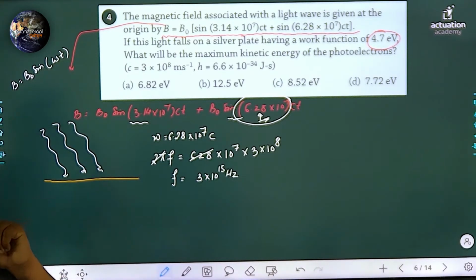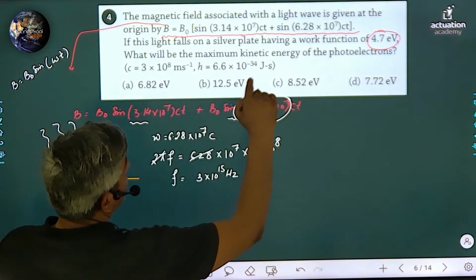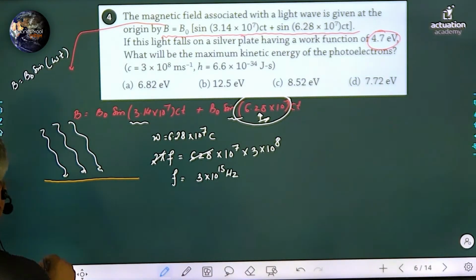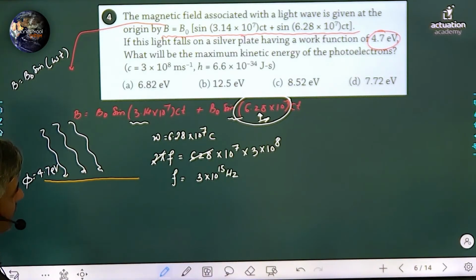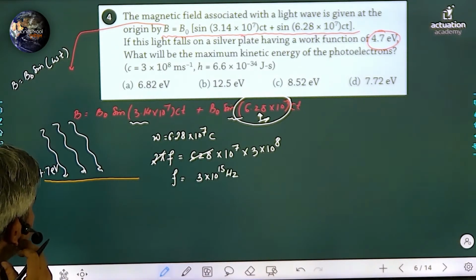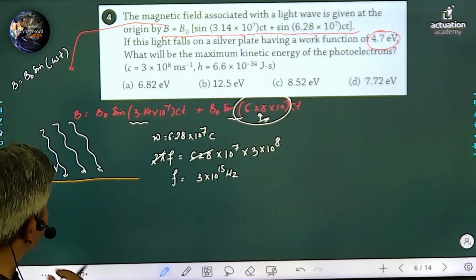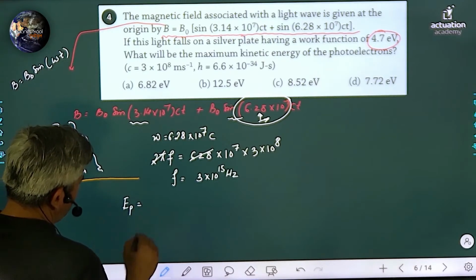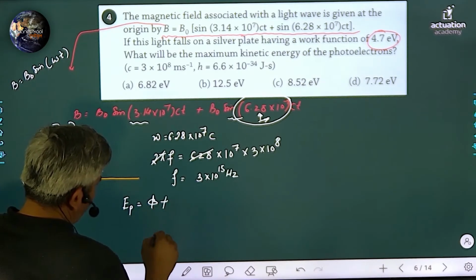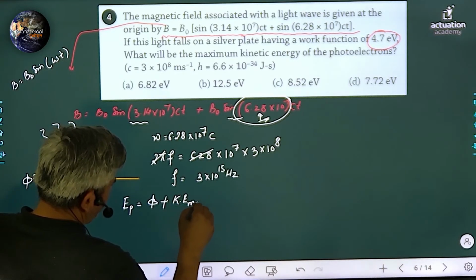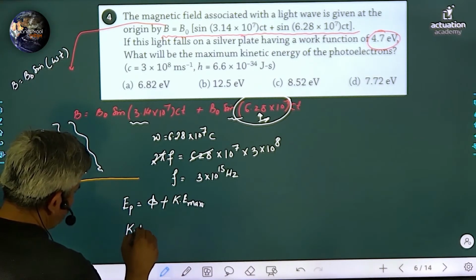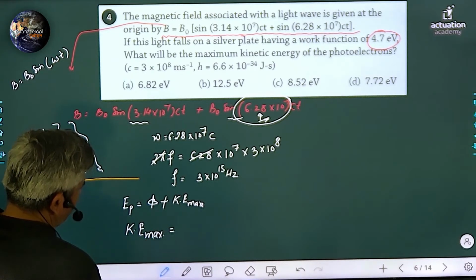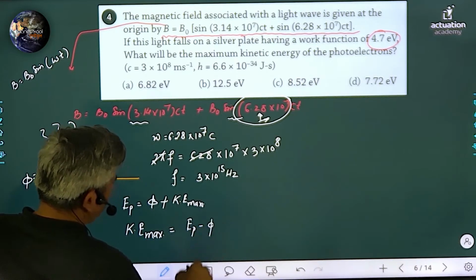Now the value of h is also given, and the work function phi is given as 4.7 electron volt. Using the simple equation of the photoelectric effect, the energy of the photon must be equal to the work function plus KE max. So KE max can be written as energy of photon minus work function.